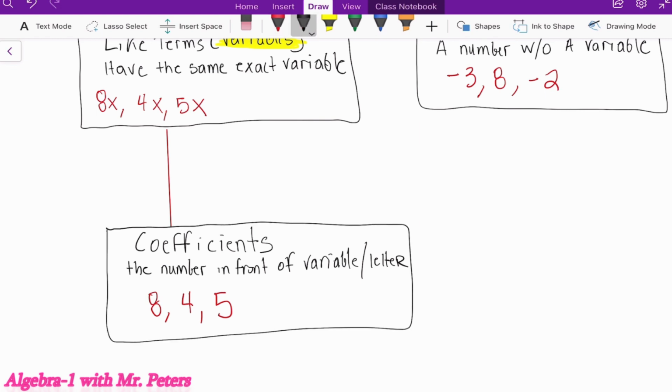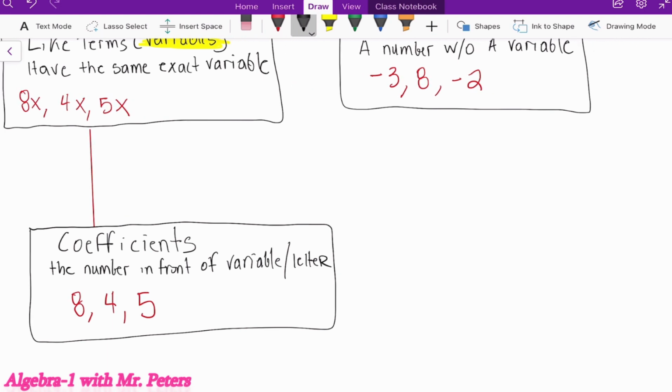Okay? And then the last thing we're going to do, we're going to talk about what a term is. We're going to put a definition on it and speak about it shortly for you guys, okay? So let's write this out and let's see if we could get a definition.